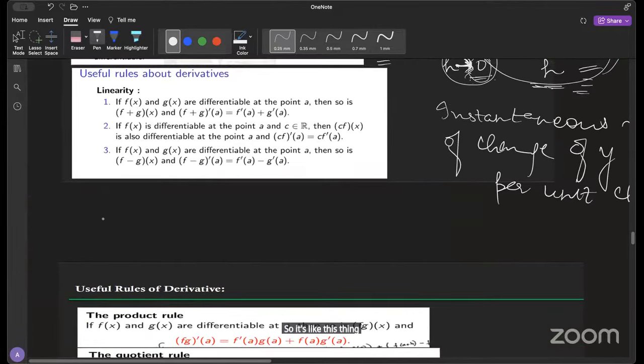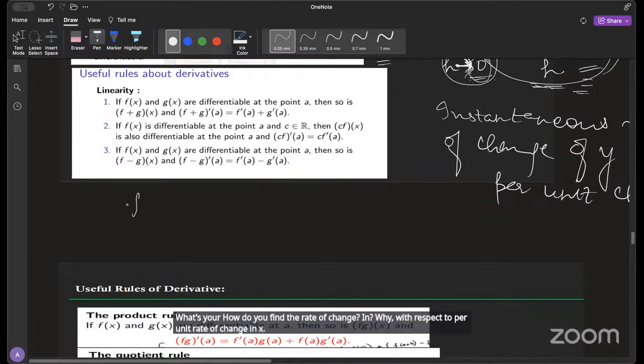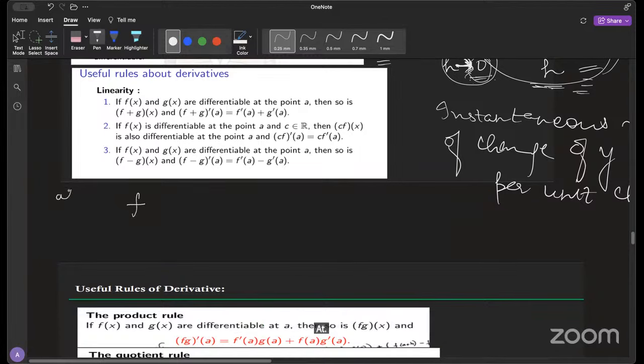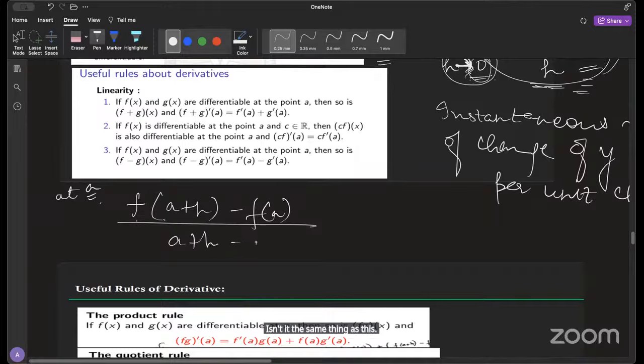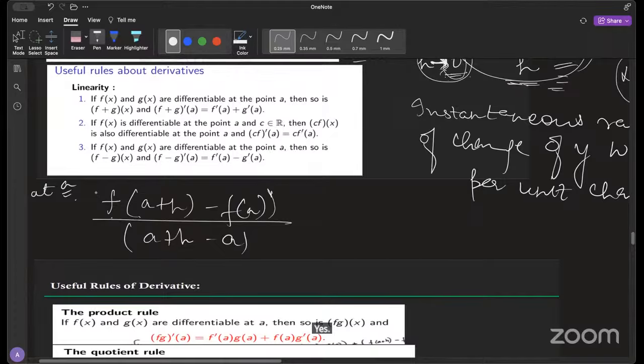How do you find the rate of change in y with respect to per unit change in x at point A? Let's say you have to find the change at A. So how do you find the rate of change of f at A per unit change in x? Isn't it the same thing as this? Right? That's how you find the per unit change, right?